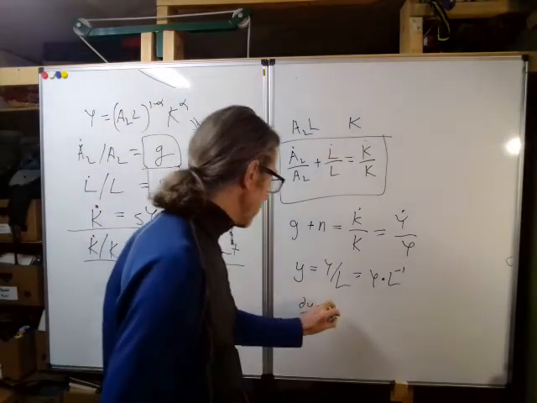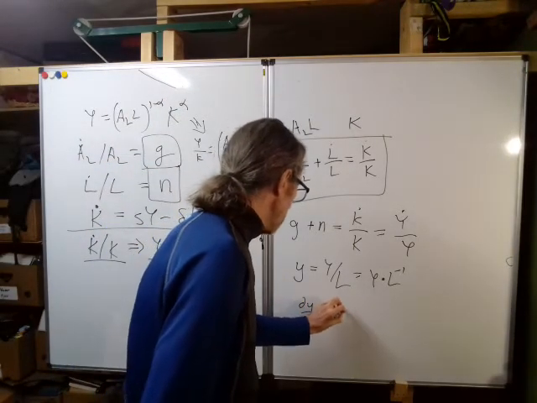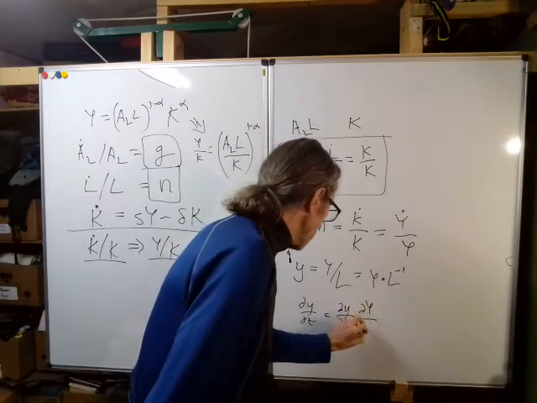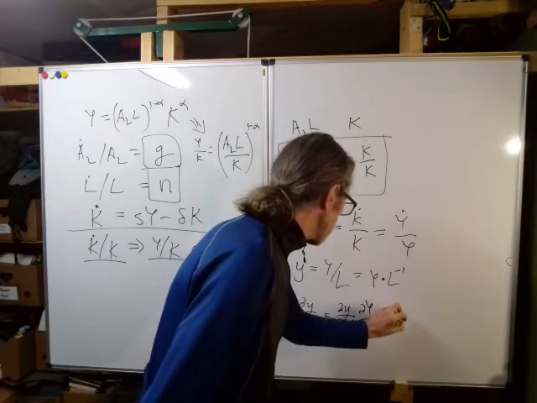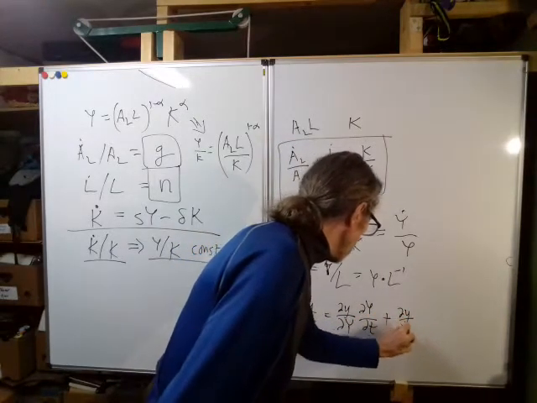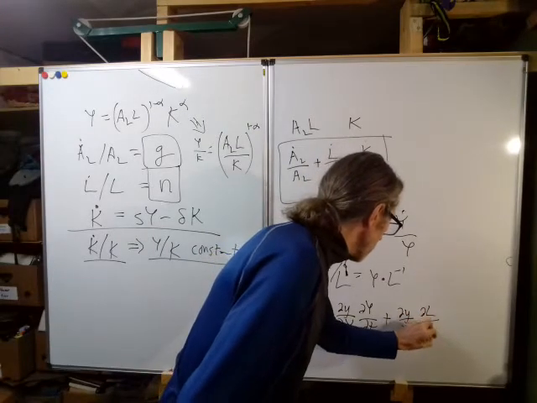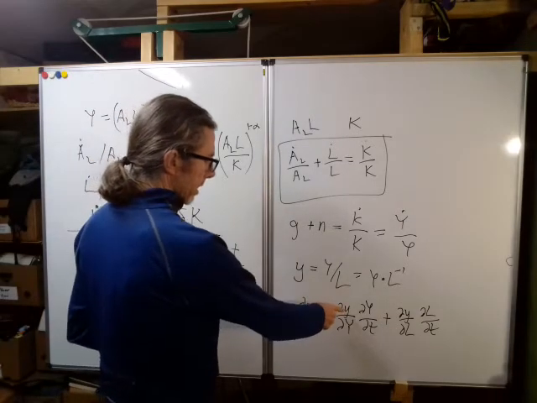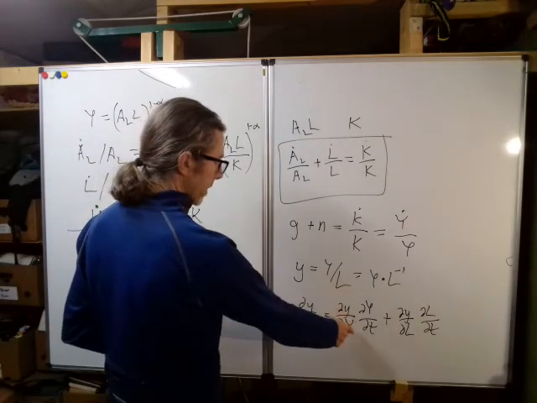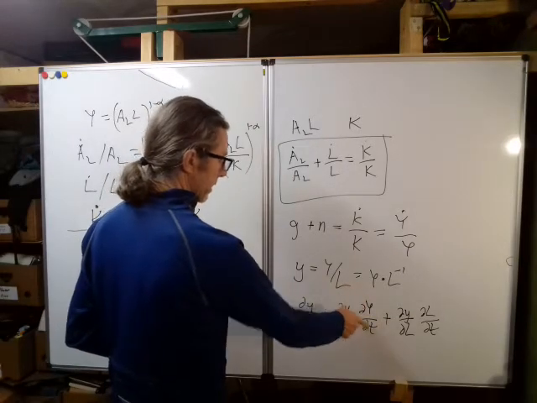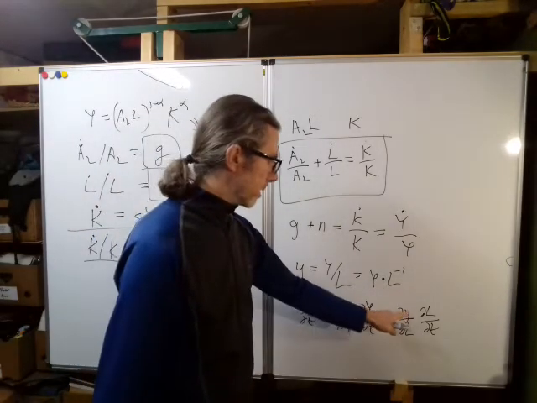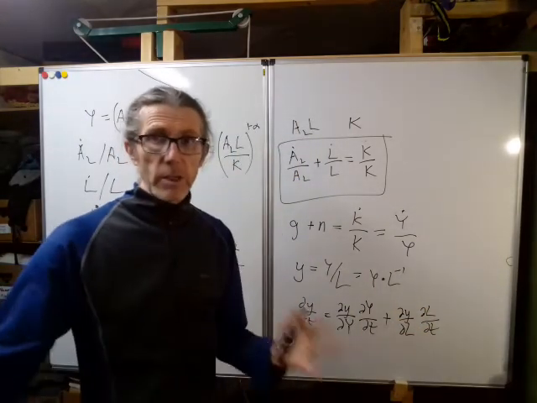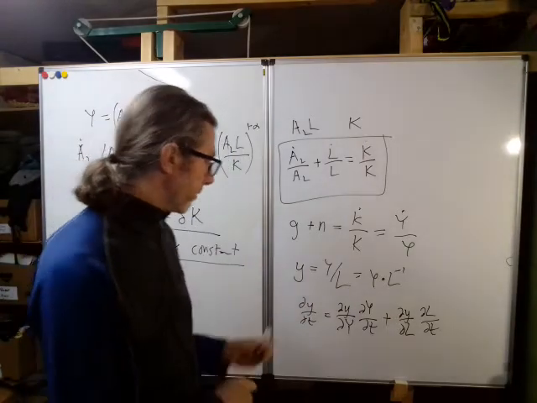The little y by dt is the little y by the big Y by dt, plus the little y by the L by dt. How much does little y change over time? It depends how much little y changes when big Y changes, times how much big Y changes over time, plus how much little y changes when L changes, times how much L changes over time. The sum of those two effects gives us the total.